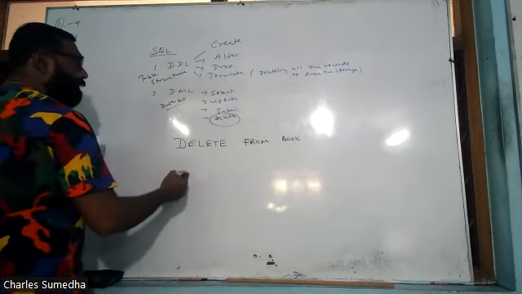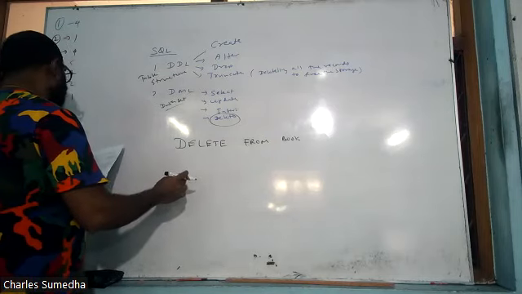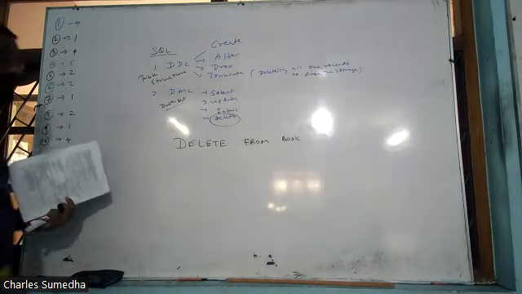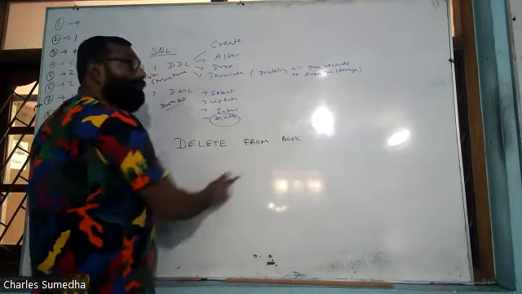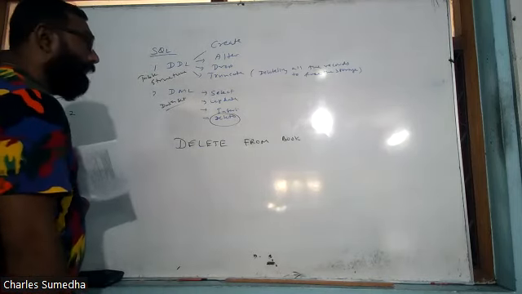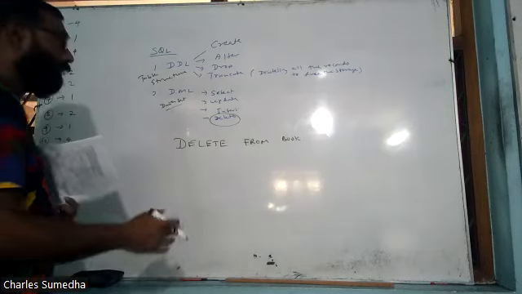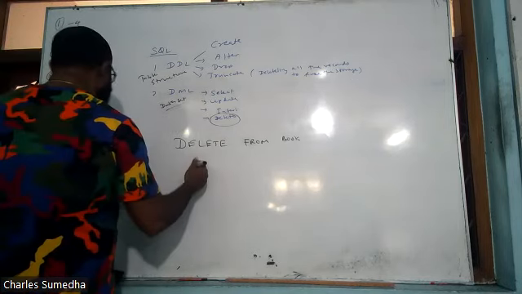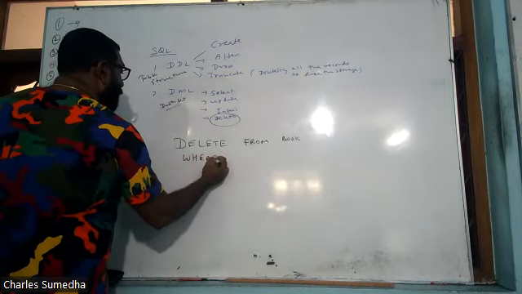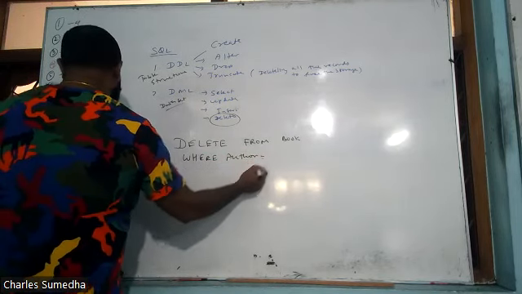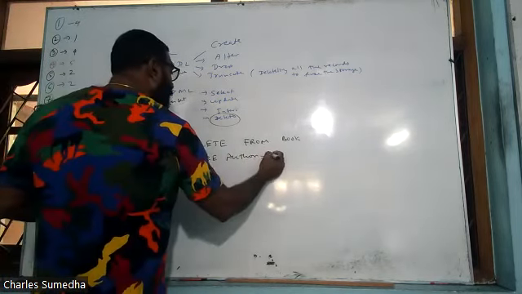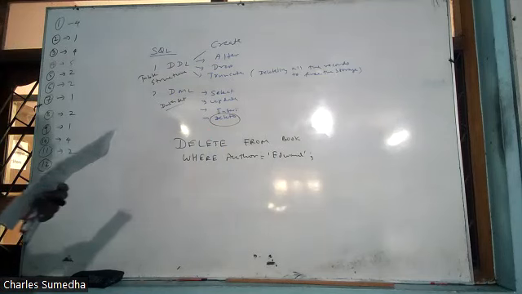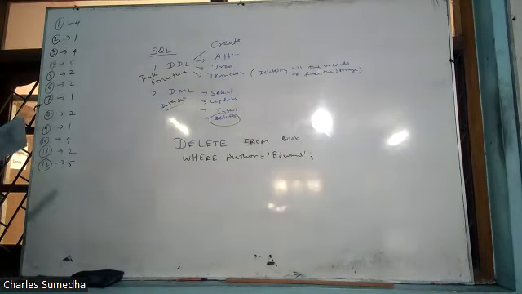Delete from book means we are deleting all the records, because we have not mentioned any field. Okay. Delete from book, but delete from book where author is equal to N1. So this will be the answer. So the answer will be the fourth one.